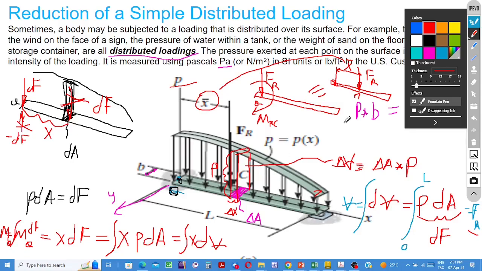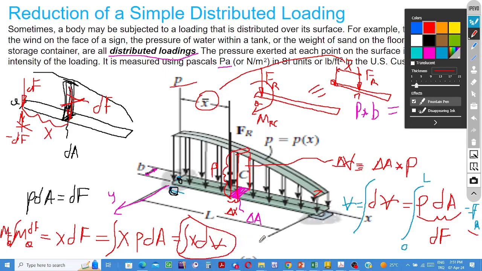Actually, if we consider that this integration is the resultant of the rotational effects of the distributed load with respect to point O, and since we have the load curve, this term is the volume under the load curve.